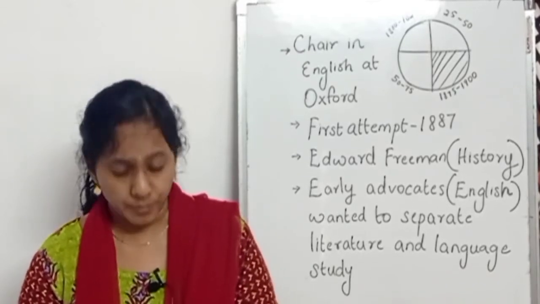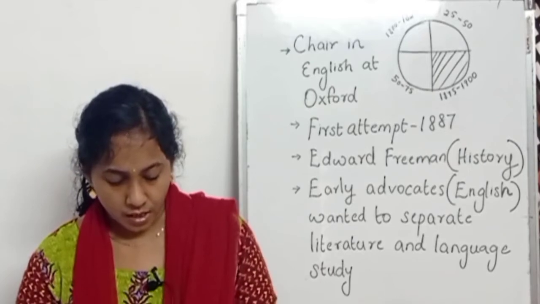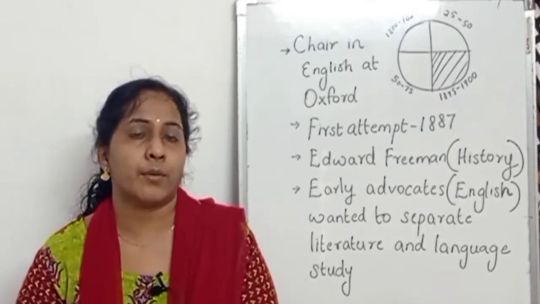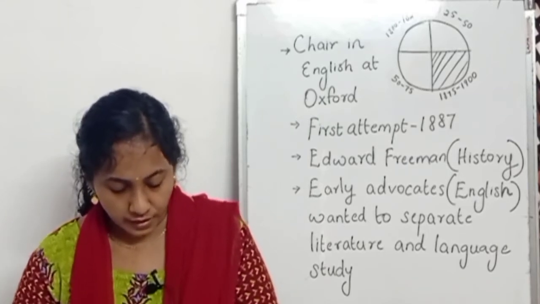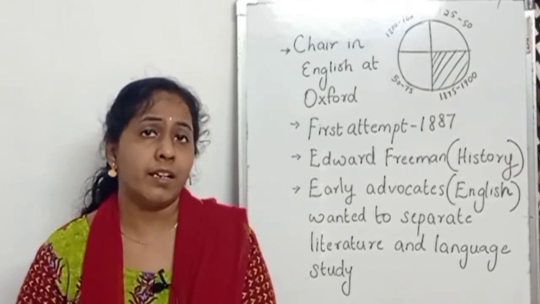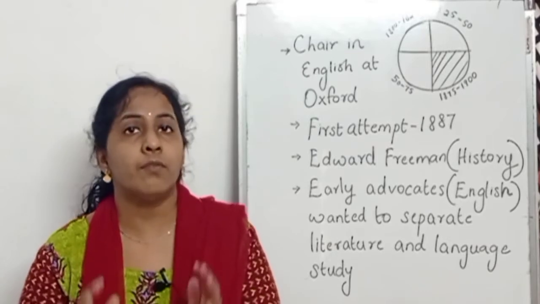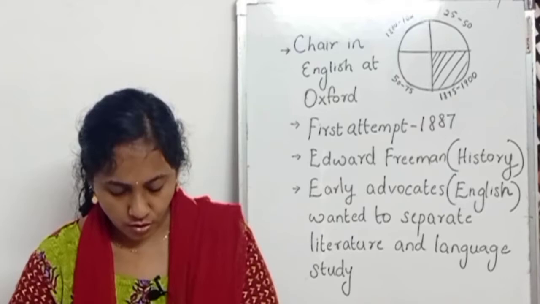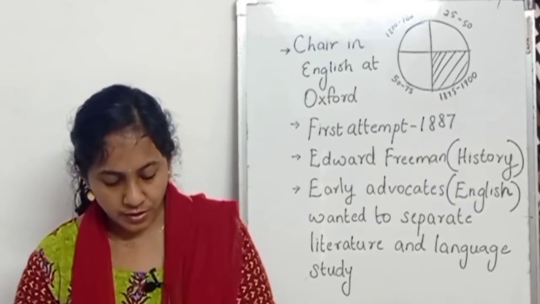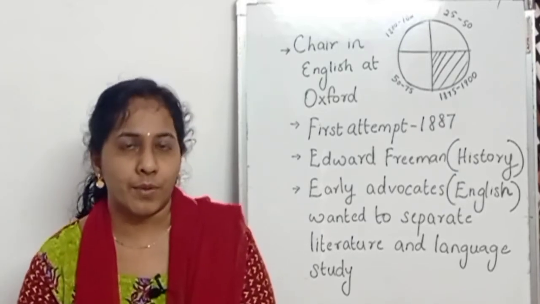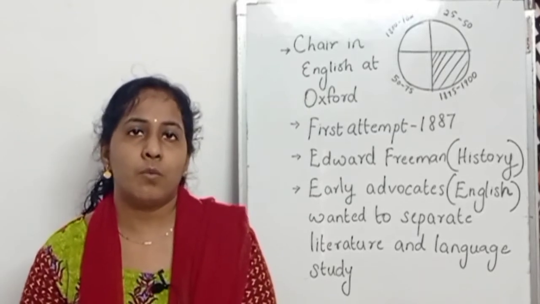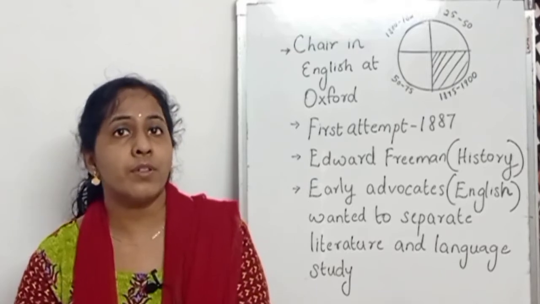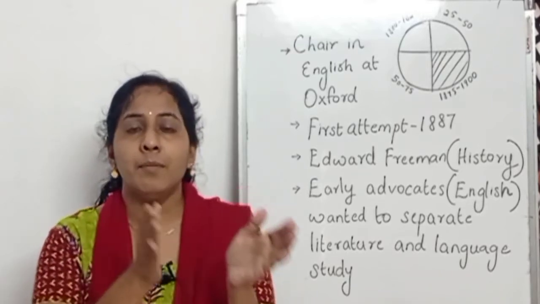And there was another problem too. What was the problem? This problem has never been entirely resolved in the subject of English or in the language of English. It was that early advocates of English, one who supports is an advocate, wanted to separate literature from language study.